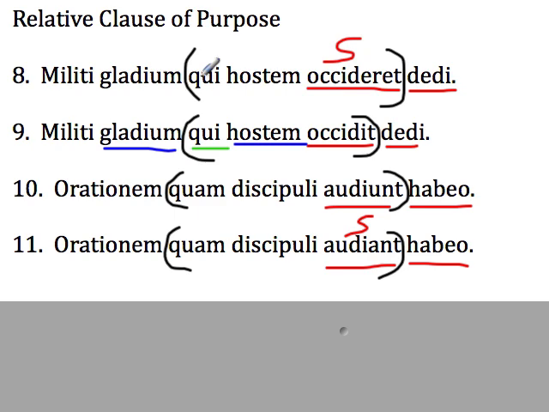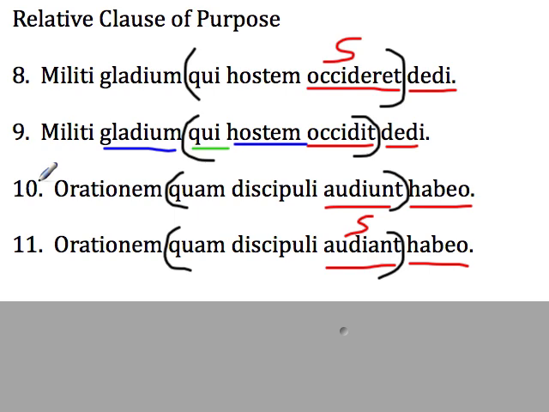It's telling you that this was the reason why this happened. Why did you give a sword to the soldier? So that the sword might kill the enemy. I gave a sword to the soldier to kill the enemy. Alright? That's probably not very clear, but there you go.